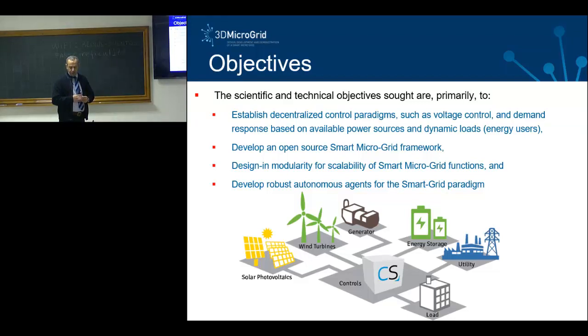Design modularity and scalability of smart microgrid functions, and develop robust autonomous agents for the smart grid paradigm. So maybe some of you are familiar with autonomous entities, complex adaptive systems that you can introduce and put to control elements and nodes of the power system.